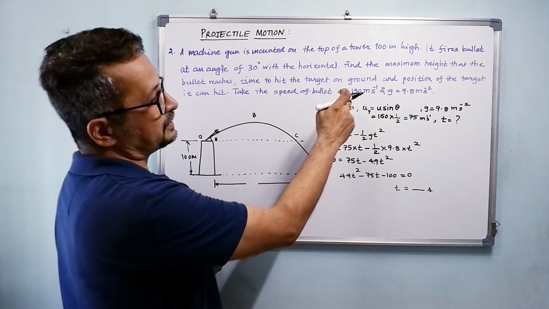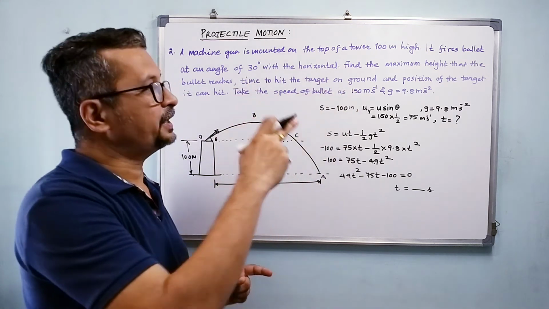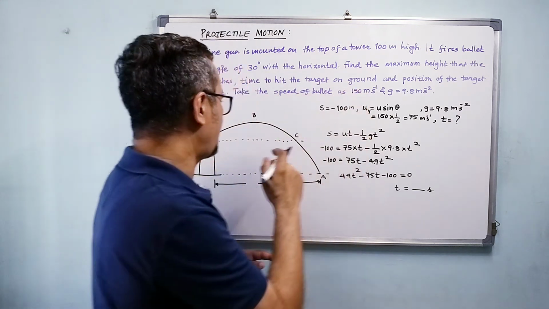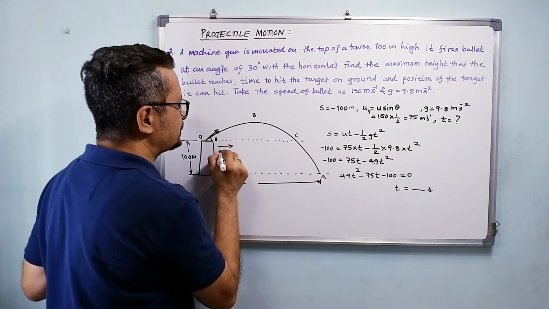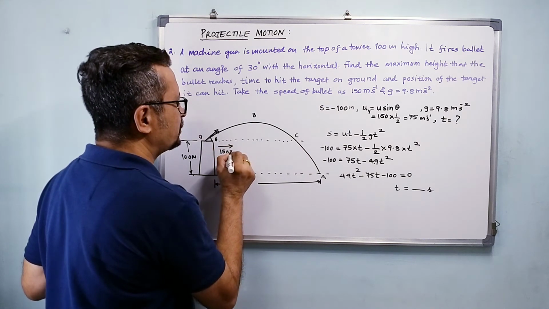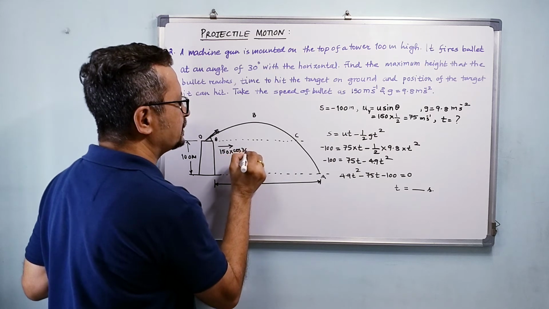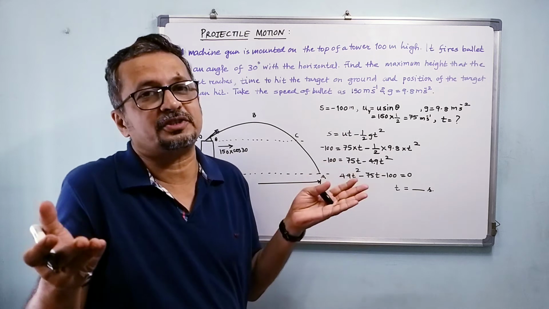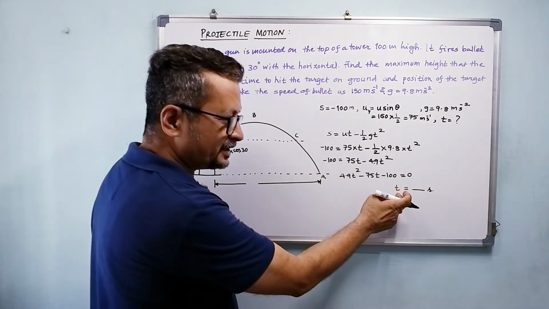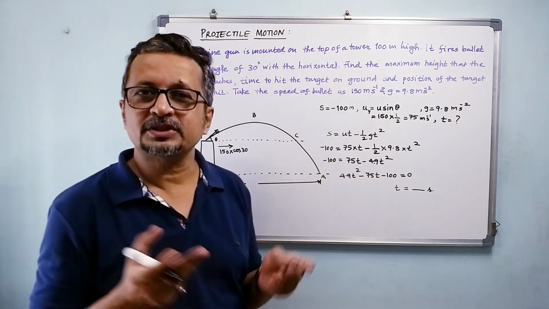See, my starting initial velocity is 150 meter per second, and my U cos theta, 150 into cos 30, is my horizontal component of velocity, and that horizontal velocity is going to remain constant. So in this much time, how much distance?